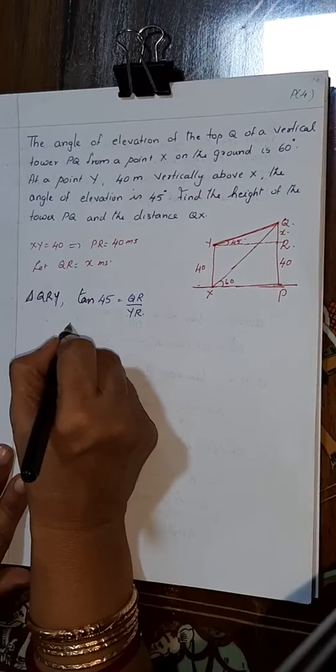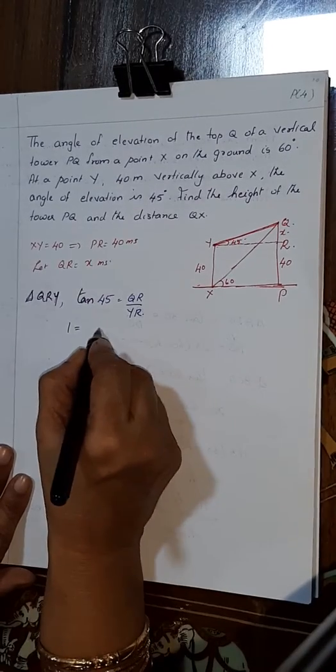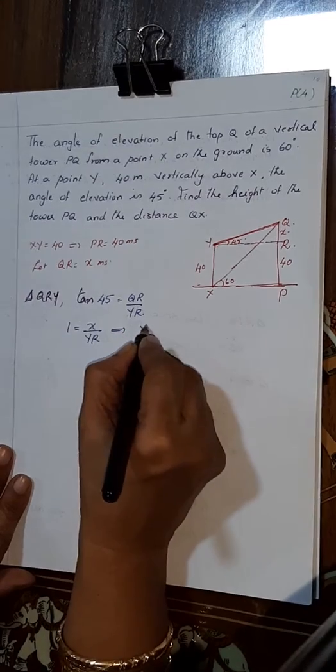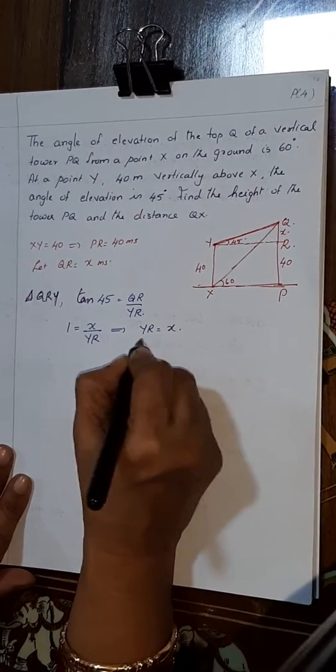So, that is 1 is equal to x by YR. So, YR is equal to x.